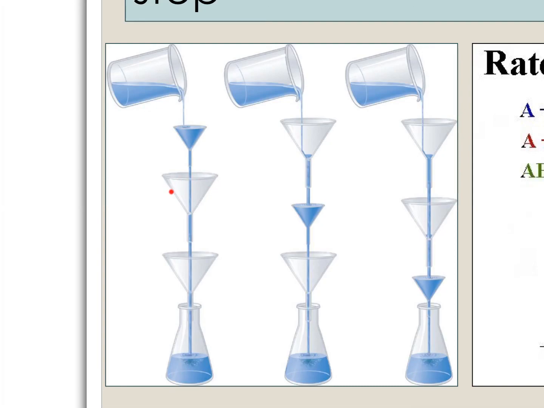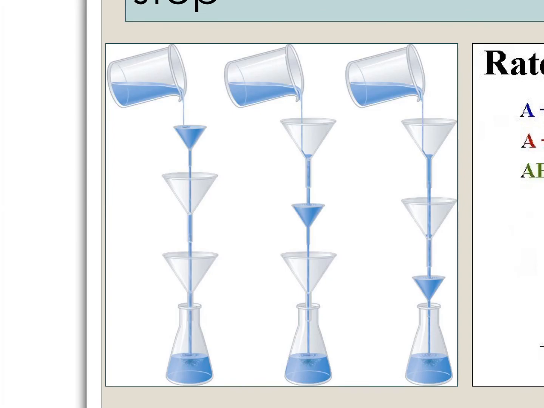The size of this funnel has zero effect on the rate, because this tiny little funnel here is my rate determining step. No matter where this funnel is, that will determine my rate. So no matter where your slow step is, that determines your rate, and we're going to write our rate law based off of our slowest step.